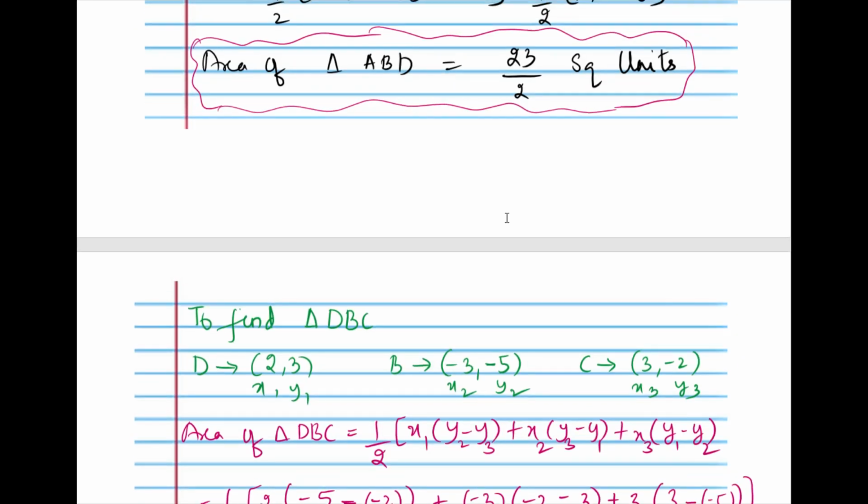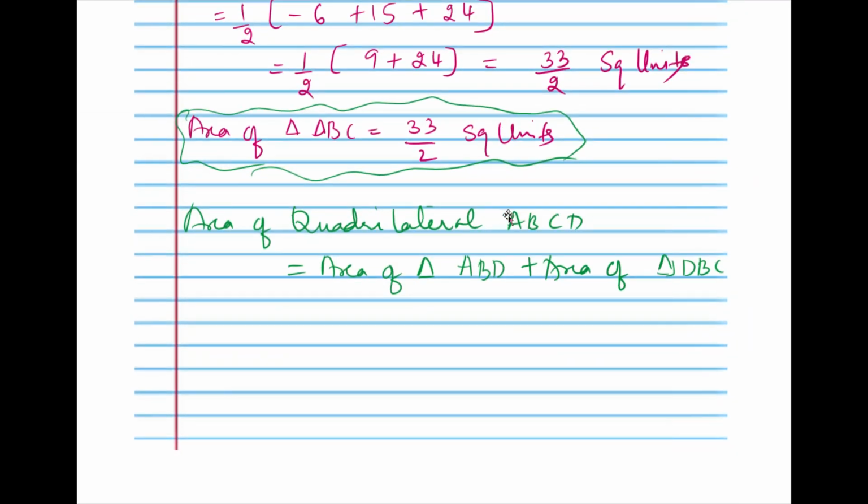What is area of triangle ADB? It is 23 by 2. 23 by 2 plus area of triangle DBC is 33 divided by 2. Since the denominators are same, directly add the numerators, that is 23 plus 33 divided by 2.